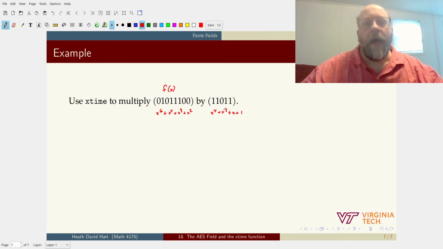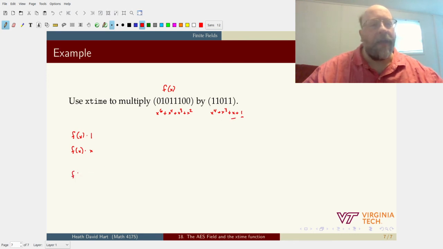So I'm going to write out the different parts. What we want to do is figure out what f of x times 1 is, what f of x times x is, then what f of x times x cubed is. I'm leaving out a step because we're going to have to do something with x squared, even though there's no x squared in this polynomial here.